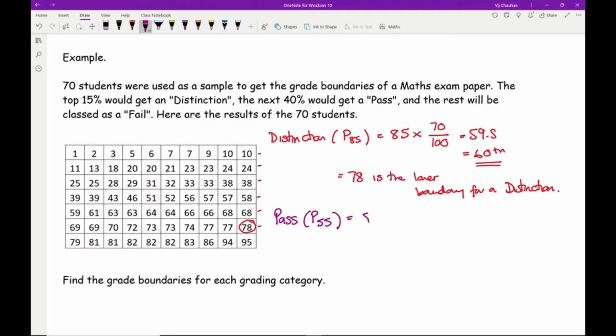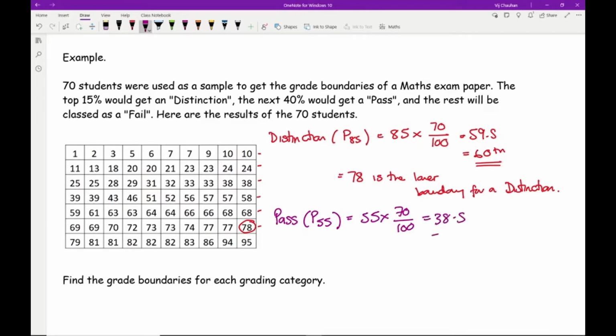And so what I'll do is 55 times 70 over 100, and I type that into my calculator. 55 times 0.7 equals 38.5.